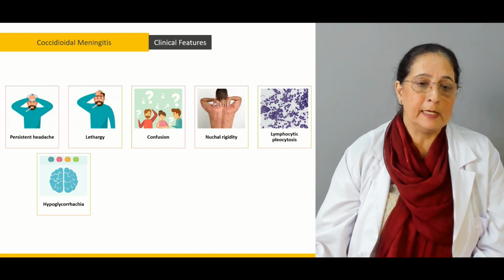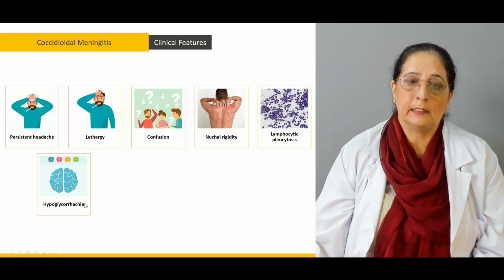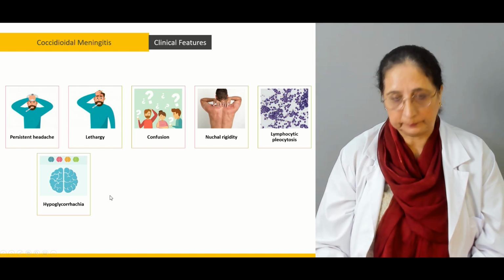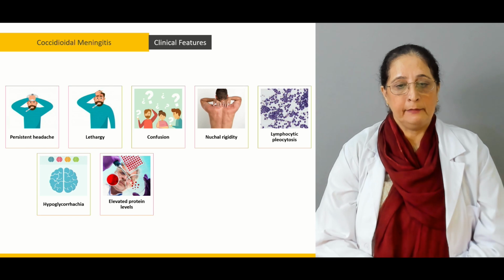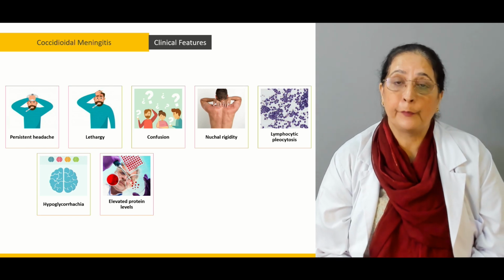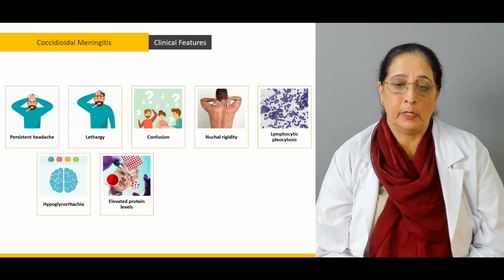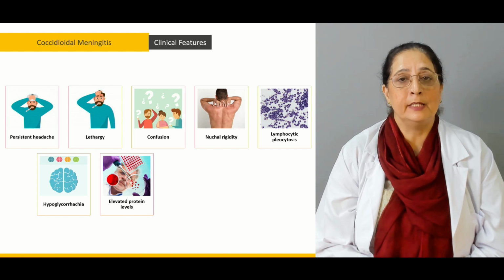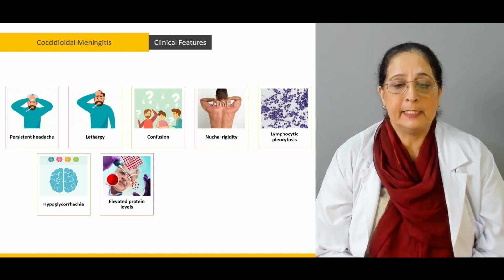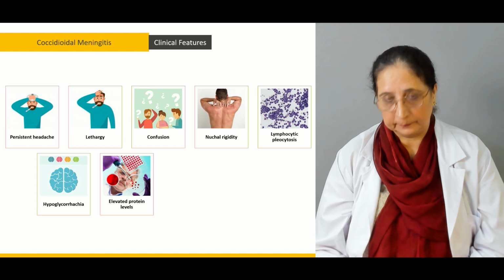You see decreased level of glucose in the cerebrospinal fluid. Then we have elevated protein levels also in the fluid. So there is decreased glucose and elevated protein level.